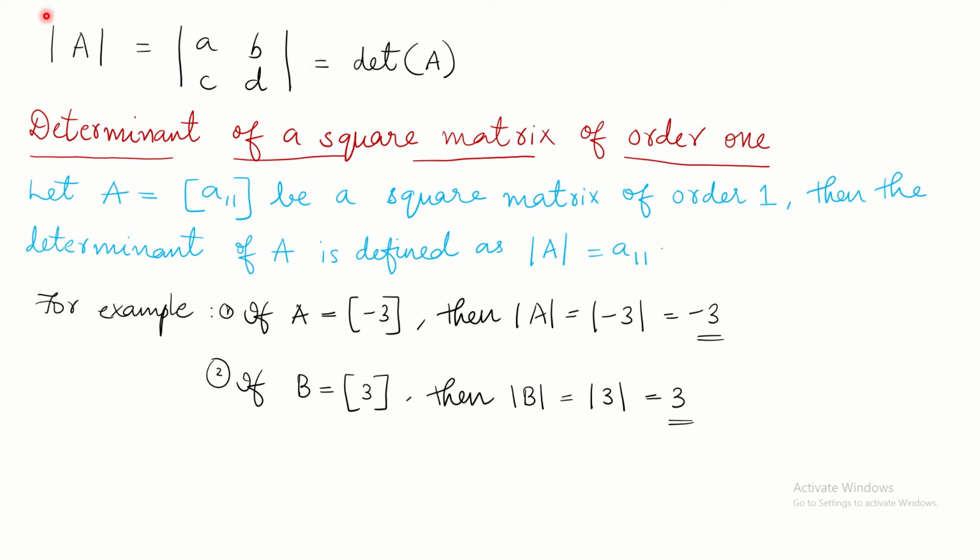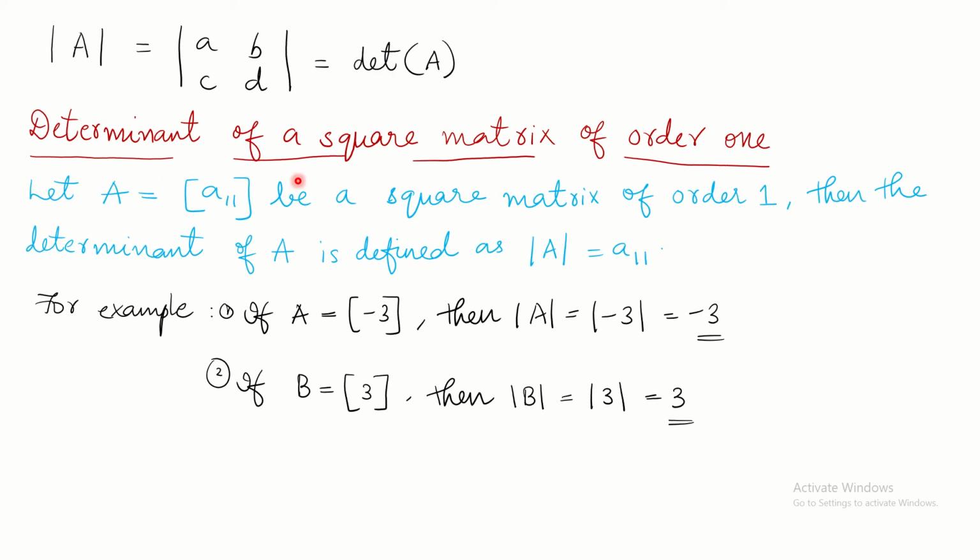I have difficulty drawing lines, which is why my lines are not proper everywhere. You have to put a proper vertical line and write the elements a, b, c, d. This is your determinant of A. You can write det A. Here I have not found the value; I just showed you how to write the determinant of A.